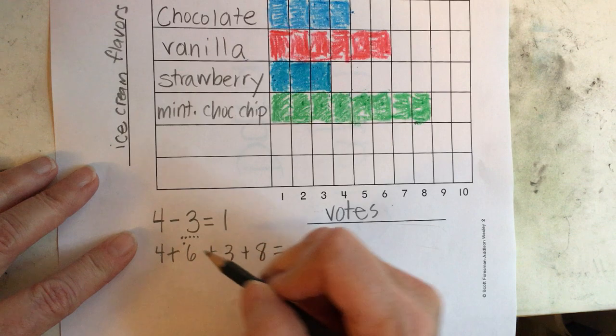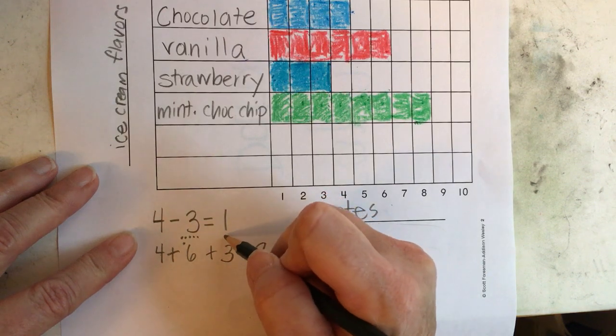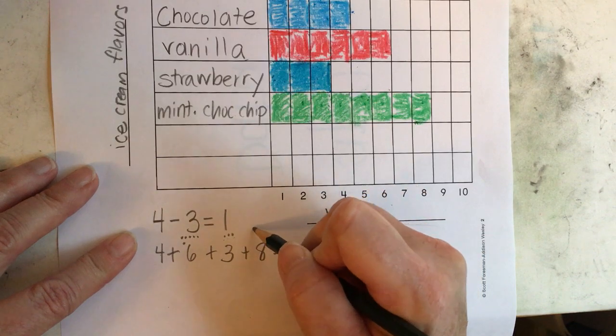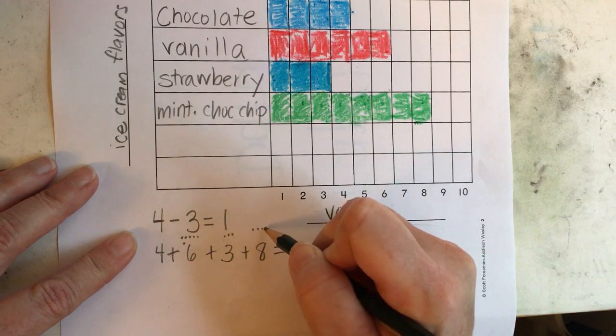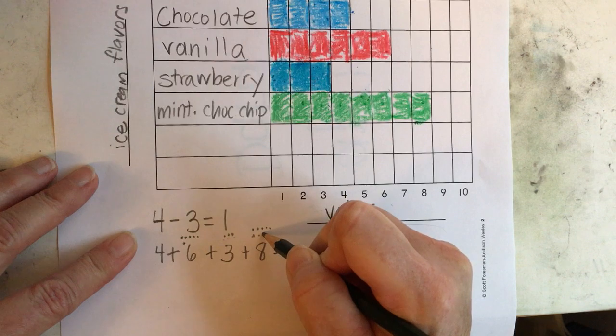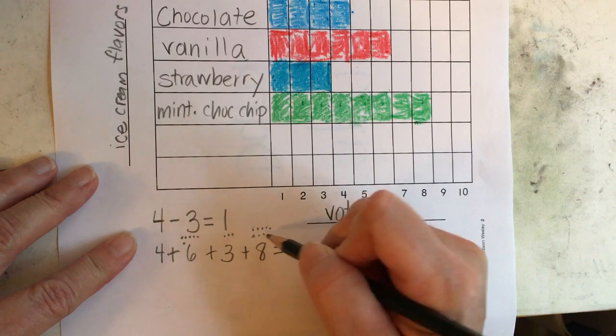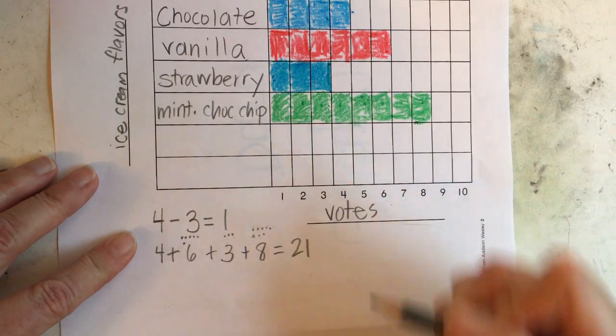And I'm going to say 4 plus 6 is 10. And then plus 3 more. 11, 12, 13. Plus 8. I'm up to 13, 14, 15, 16, 17, 18, 19, 20, 21.